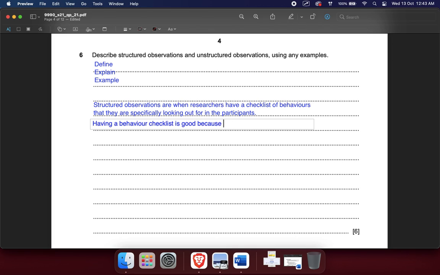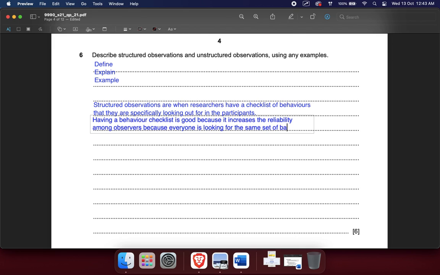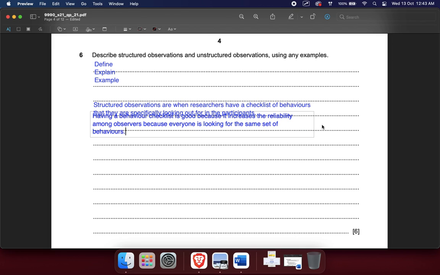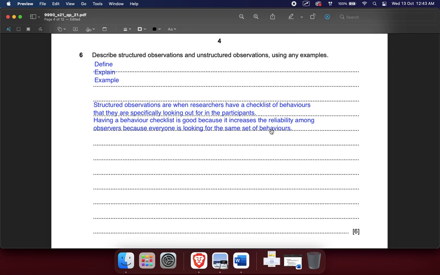Because it increases the reliability among observers because everyone is looking for the same set of behaviors. So everybody's doing it. It's kept consistent across all observers, so it can increase the reliability.